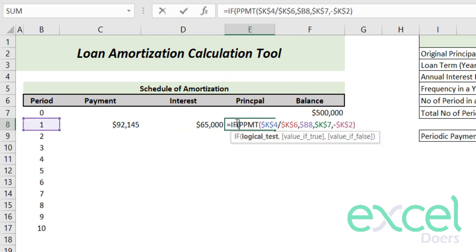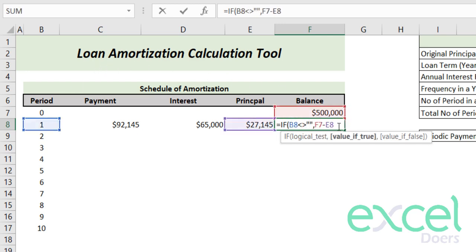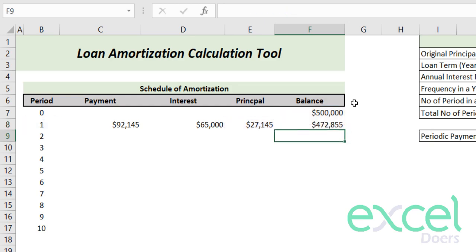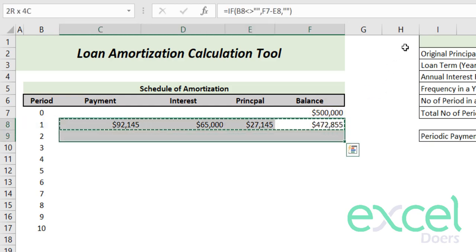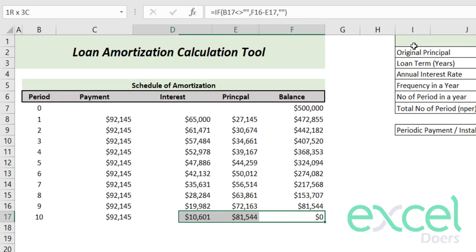Similarly this one, if this is not equal to blank, then do this operation, otherwise make it blank. And here as well, if this is not equal to blank, then do this operation, otherwise make it blank. So I can just copy it and put it down, and you can see my amortization table has become 0.